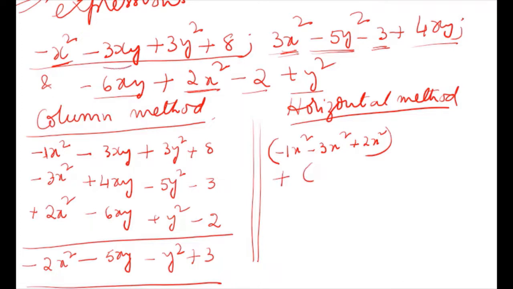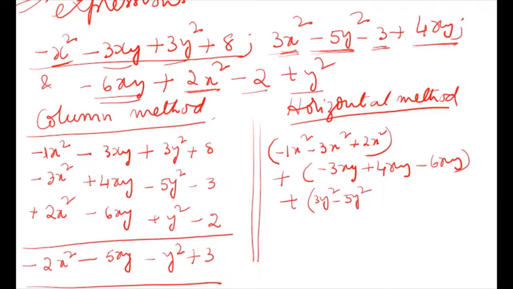So minus 3xy, then plus 4xy, then minus 6xy, then plus y square terms. So again y square terms, plus 3y square, then minus 5y square, then plus y square.